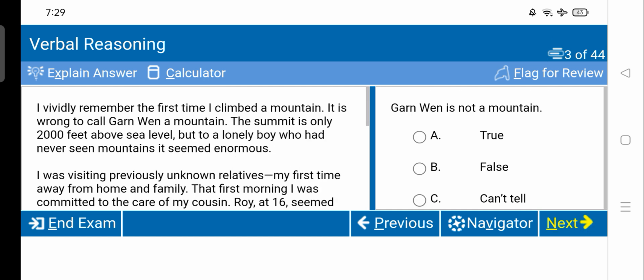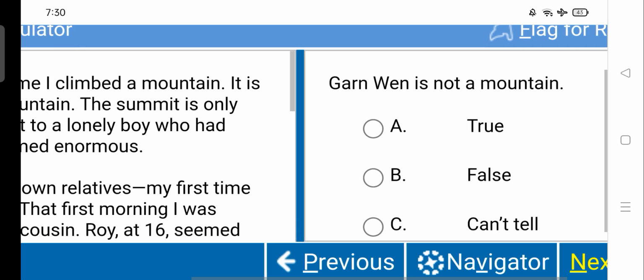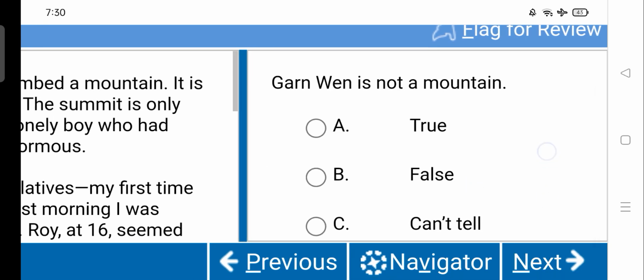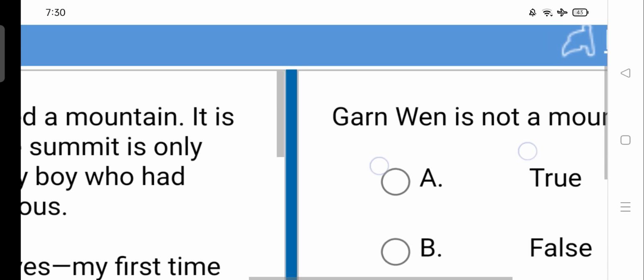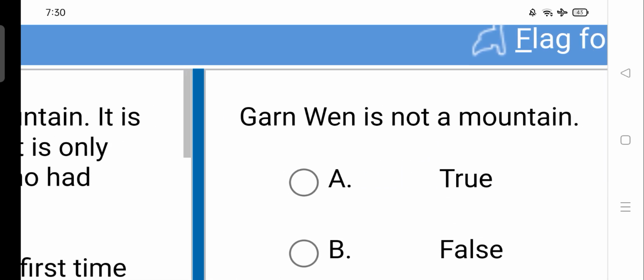Next we have: Gonville is not a mountain. Option A, true. Option B, false. Option C, can't tell. So now here we have these two words as keywords, Gonville and mountain.